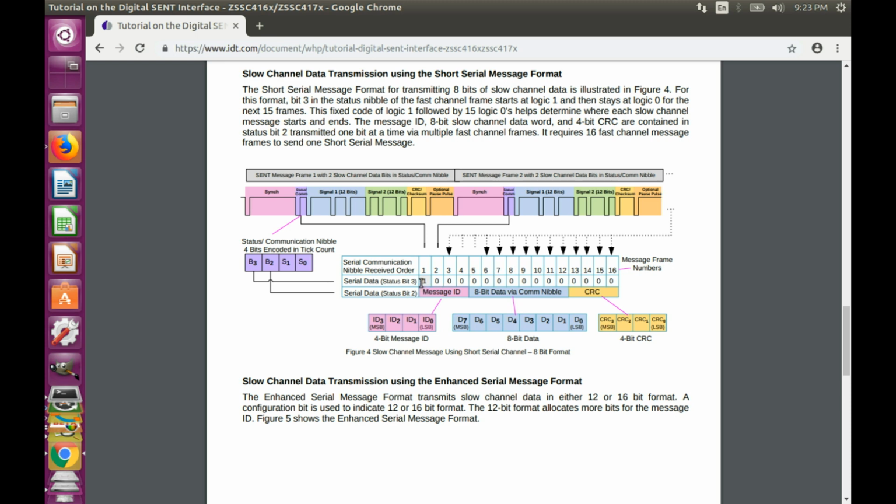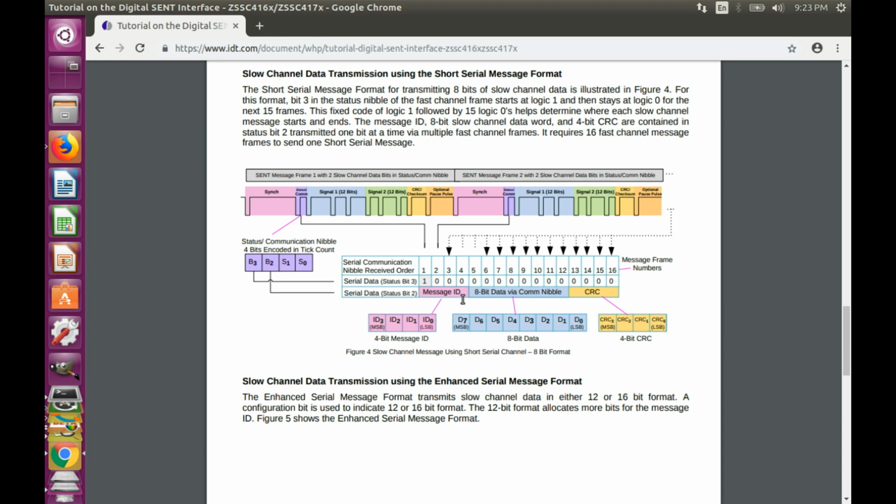What it will have is the start of the message. It will be denoted by 1 for bit 3, and all the rest will be zeros. Values for bit 2 will give us the following.